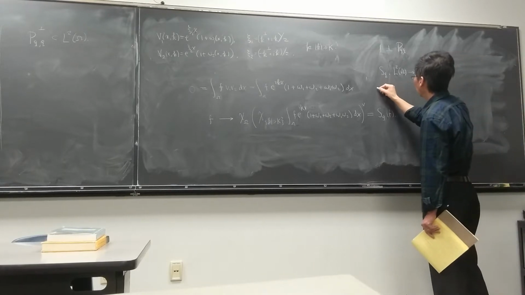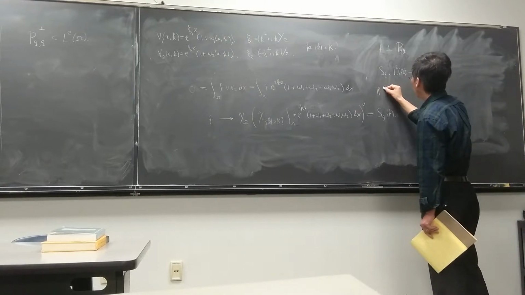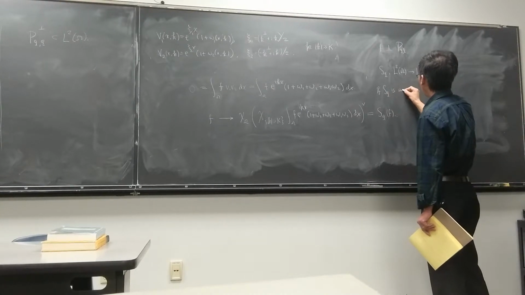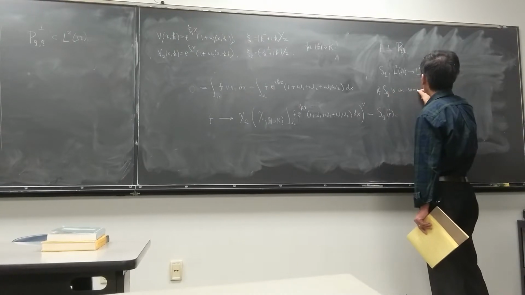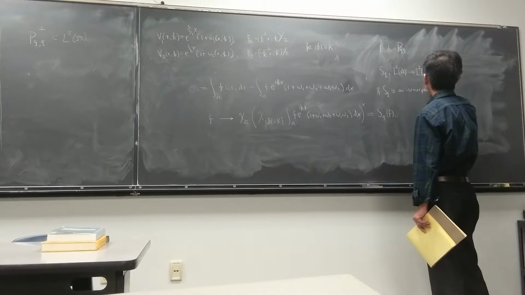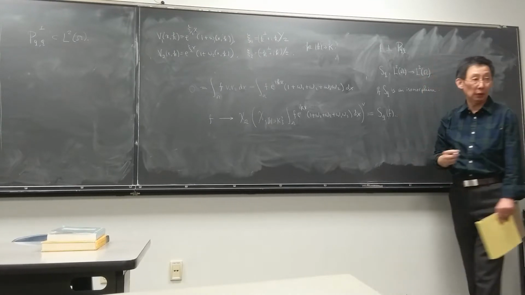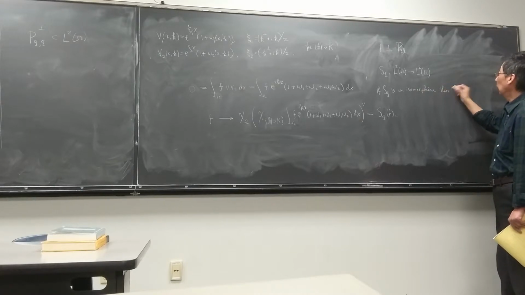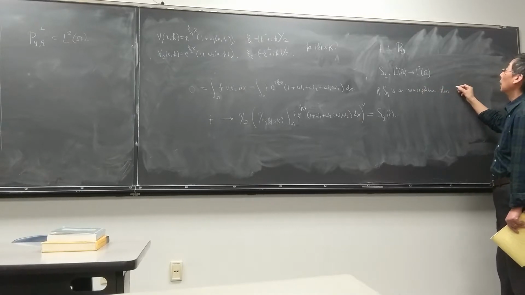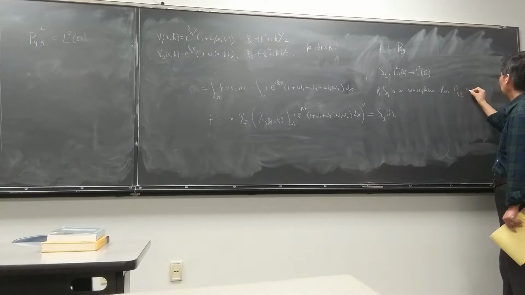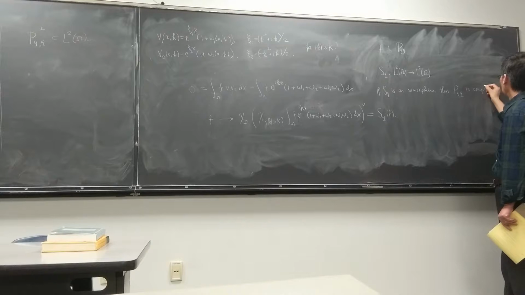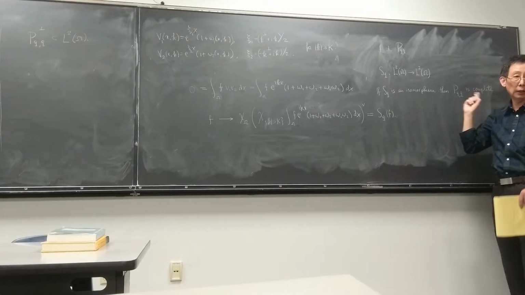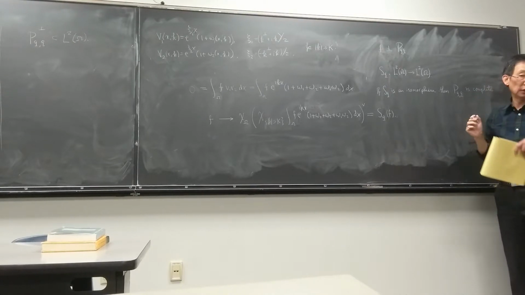So here we get a conclusion: if S cube is an isomorphism, then this implies that PQQ is complete. I can make such a conclusion.